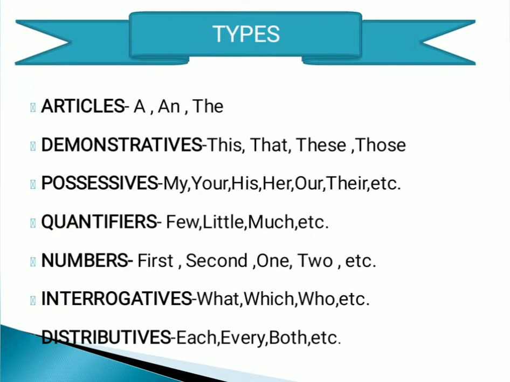If I talk about the types, students, they are divided into different types like articles, demonstratives, possessives, quantifiers, numerals, ordinals and cardinals, interrogatives and distributives. I have given you the keywords for these in the opposite section. Go with the table and learn them by heart.